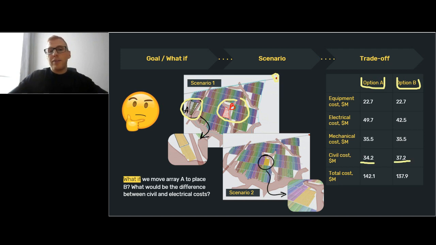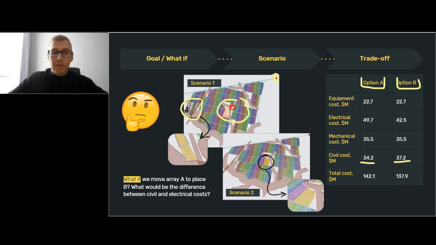So basically we pay 3 million more for the civil cost, because probably initially this layout was made by a civil engineer, and the civil engineer saw here a very steep slope or something like that, and made a decision: no, we're not going to build here, we're going to build here.